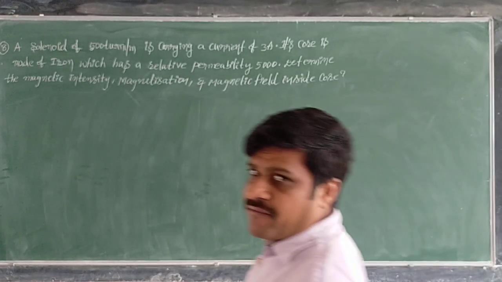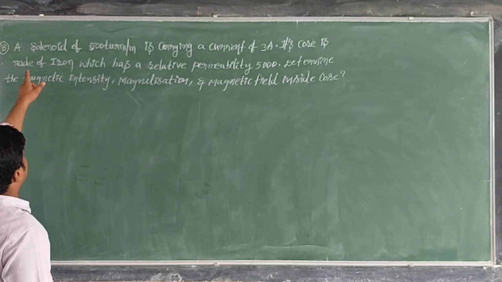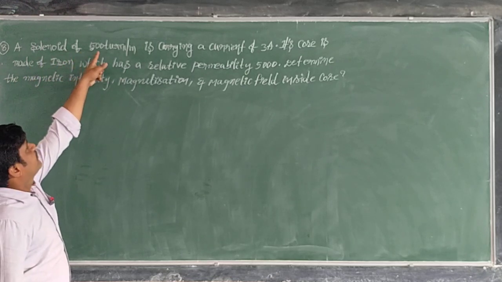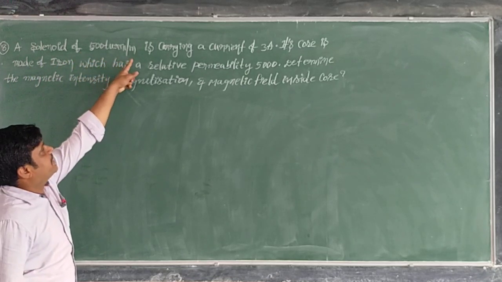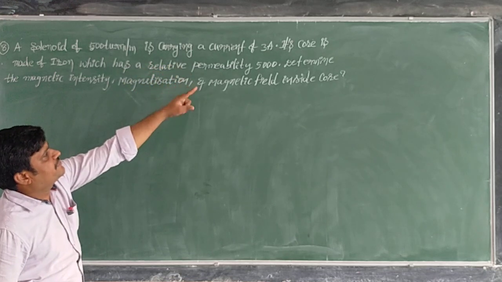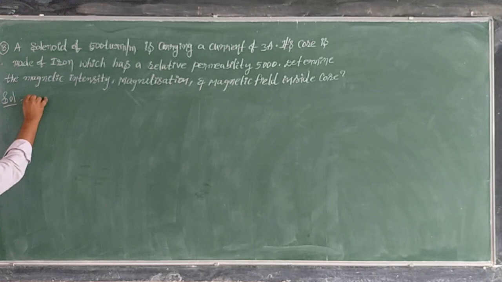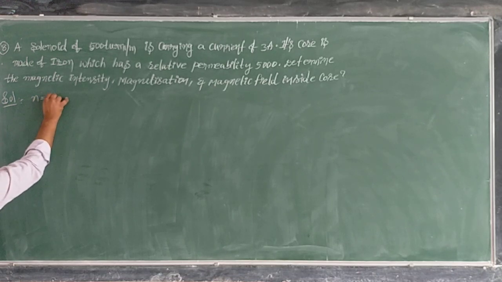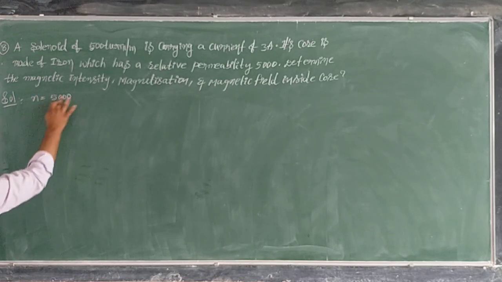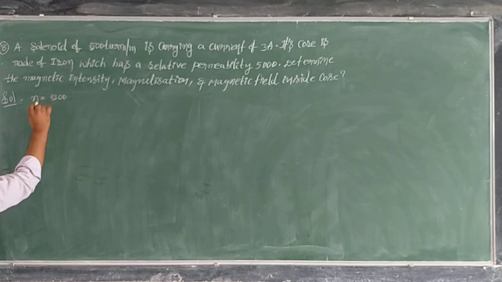Right. Last problem from this chapter. A solenoid of 500 turns per meter is carrying a current of 3 amperes. So, number of turns in solenoid is nothing but 500. Each turn, the current flowing is 3 amperes.